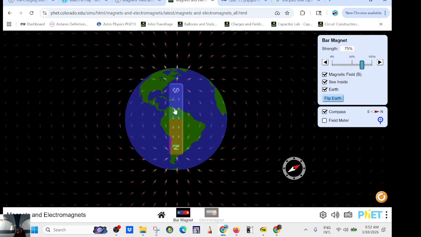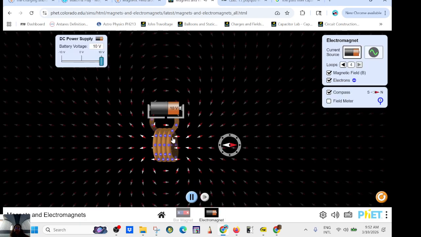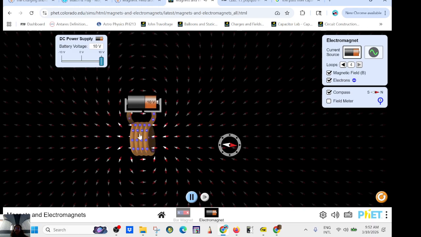It will behave like a bar magnet. Okay, so that's what's happening. So an electromagnet, each time you have a loop of current, it's going to make a magnetic field. So this one will be the north, you see, because it's showing you it's like a vector out of the north into the south. So that's happening inside the Earth.